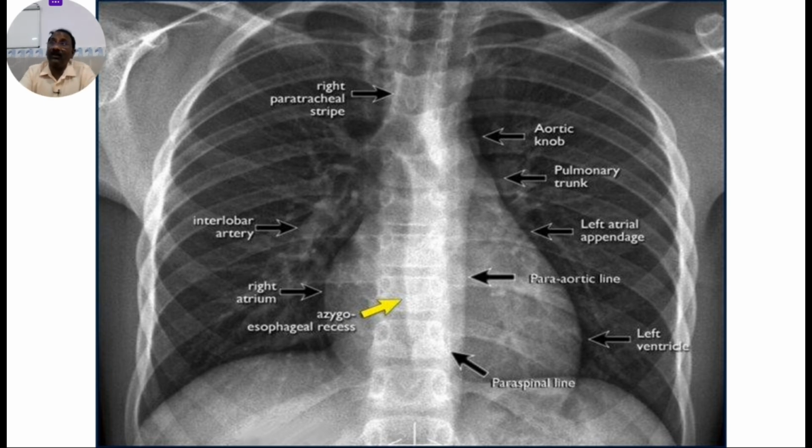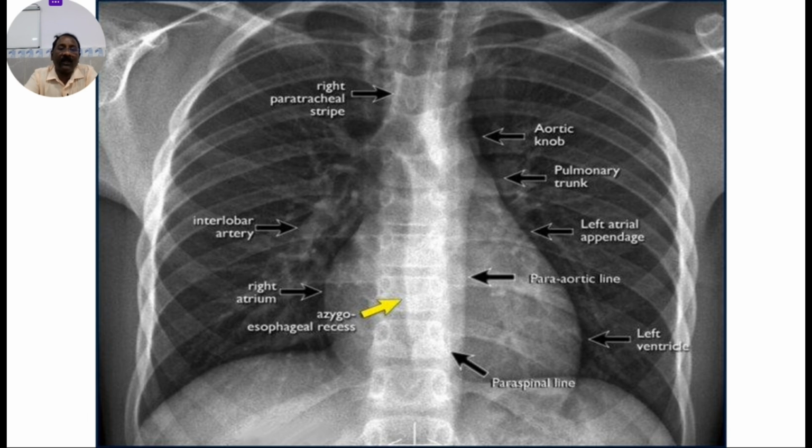When left atrial enlargement is there, it will be a convex shape. This is the para-aortic line. So follow the aorta, the root of the aorta, and slowly go down. Then you can see the para-aortic line. Left ventricle, so you can see the borders of the left ventricle. And the paraspinal line. The para-aortic line is different from the paraspinal line.